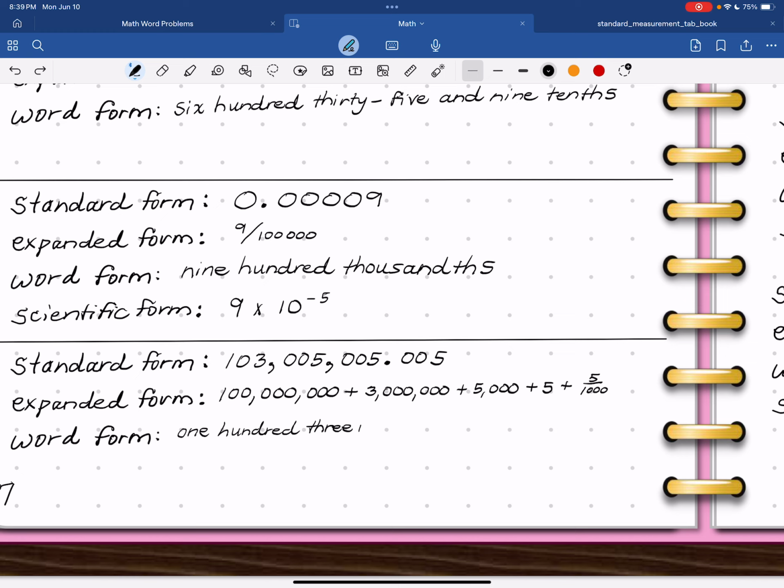That would help. 103 million, comma, 5,000, 5, and, because I'm ready for my decimal now, 5,000ths.